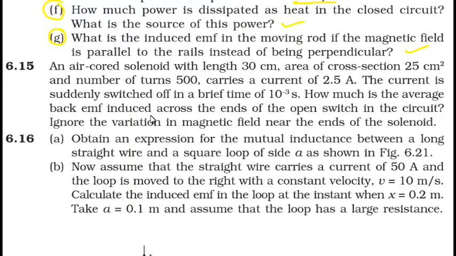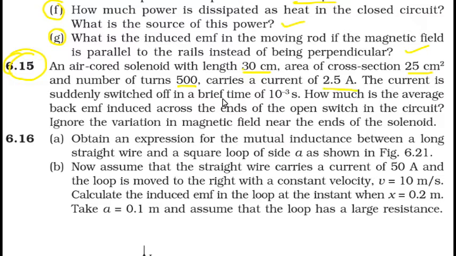So let us see question number 6.15. An air-cooled solenoid with a length of 30 centimeter, area of cross section 25 centimeter square, and number of turns 500, carries a current of 2.5 ampere.